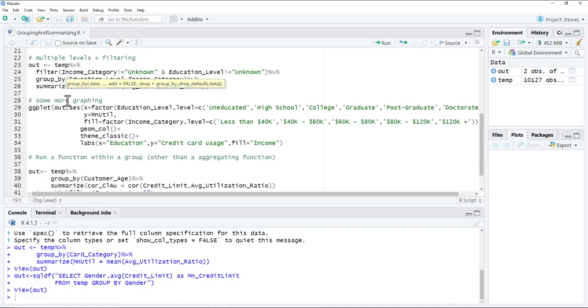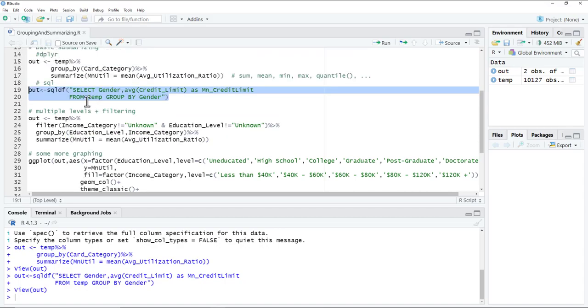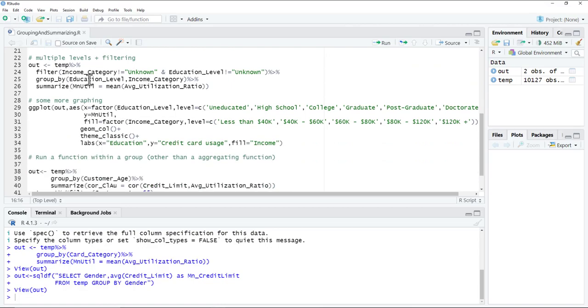All right, the next one, we can also do this by multiple levels. I just used a single group by column here and here. So let's say we want to group by the education level and the income category level. I'm going to again use the mean, and let's say I want to filter out a couple of things.